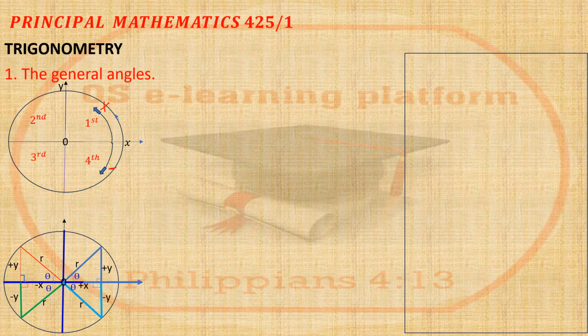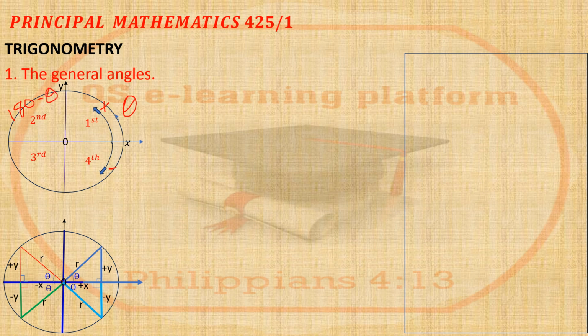Another thing I want us to realize is that the first quadrant, if the angle is theta, in the second quadrant, to get the angle in the second quadrant, I get 180 minus the angle in the first quadrant.